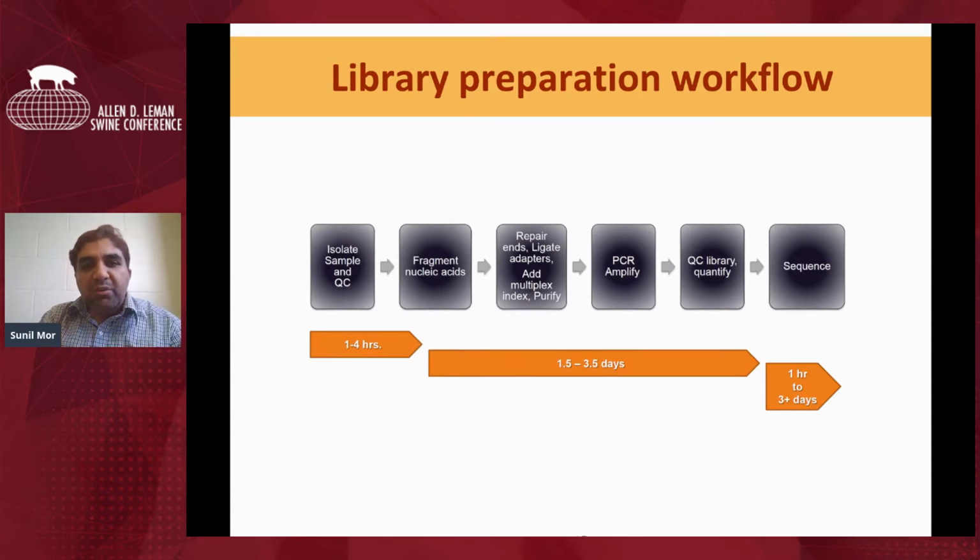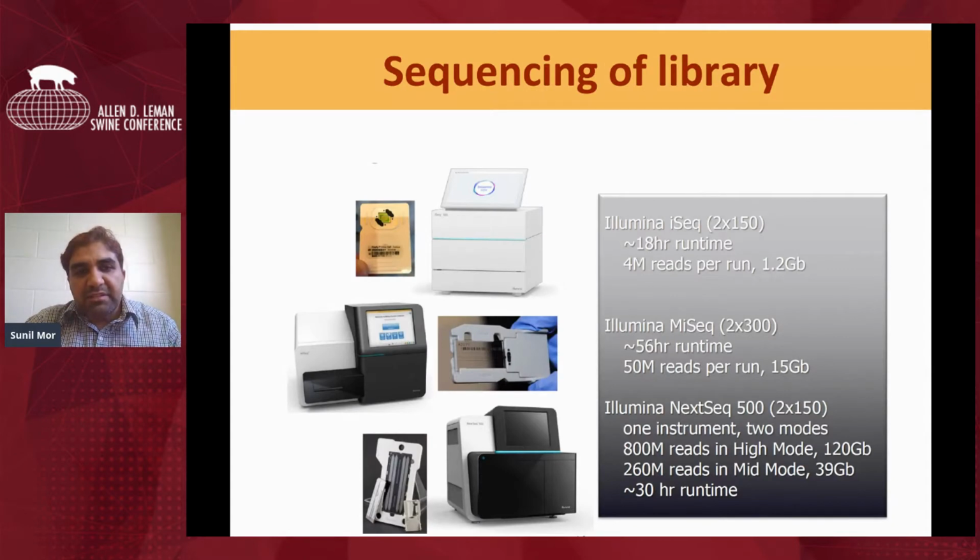So here is just an overview of the library prep steps. Different parts are involved here, but nowadays commercial kits are available to simplify and shorten the time for library prep, so it's getting shorter and shorter. That was also the time-consuming part of NGS. Once the library is ready, it is loaded onto flow cells on different types of sequencers.